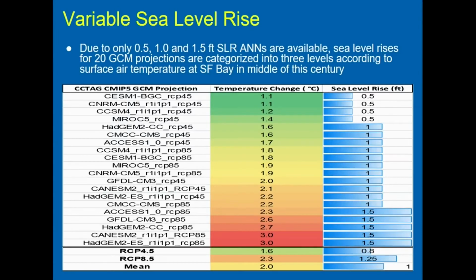And this is the variable sea level rise. We use different sea level rise for different climate model projections because we only have half foot, 1 foot, and 1.5 foot sea level rise in ANN to simulate the relation between the Delta salinity and outflow. So we have to assign these 3 sea level rises to each climate model projection.